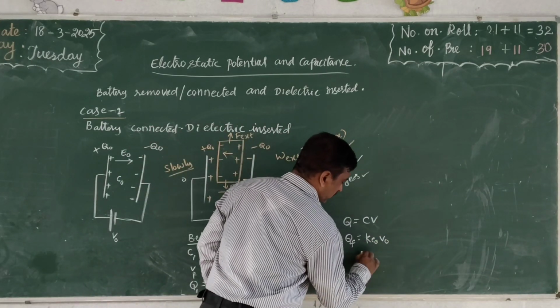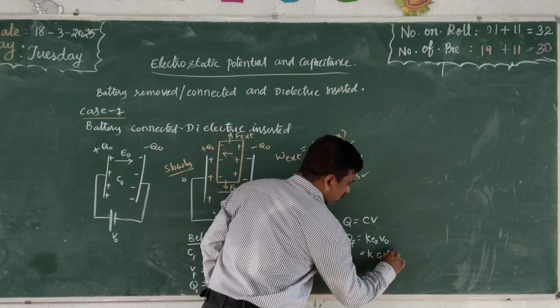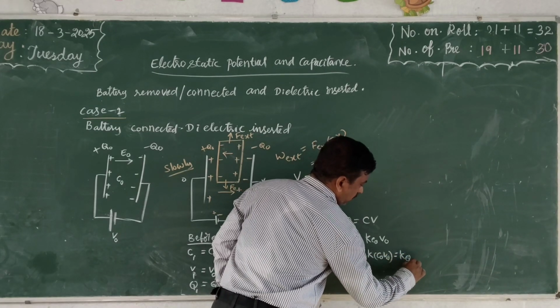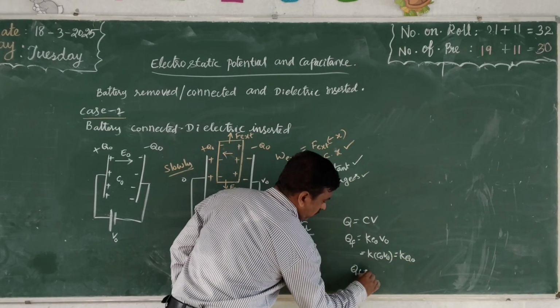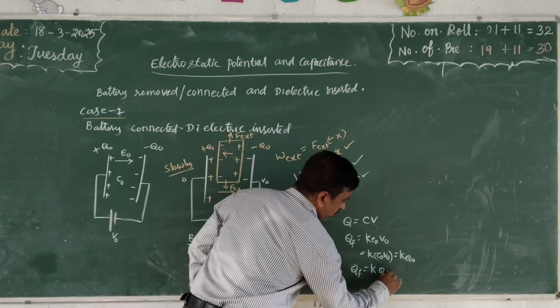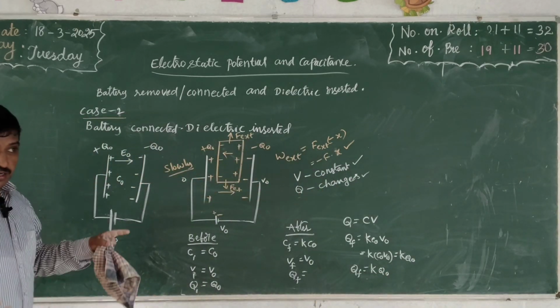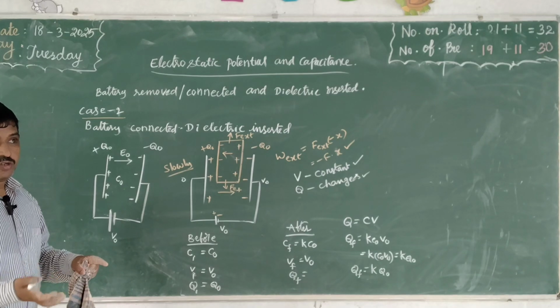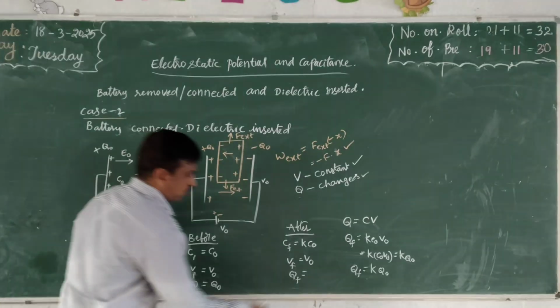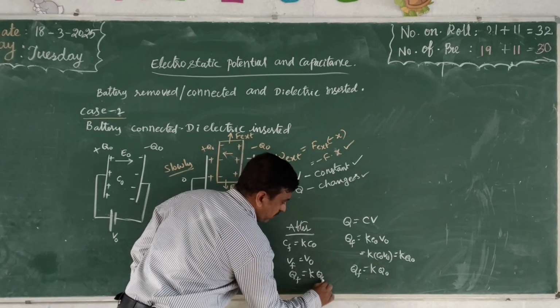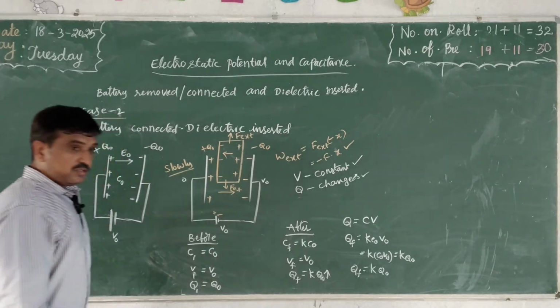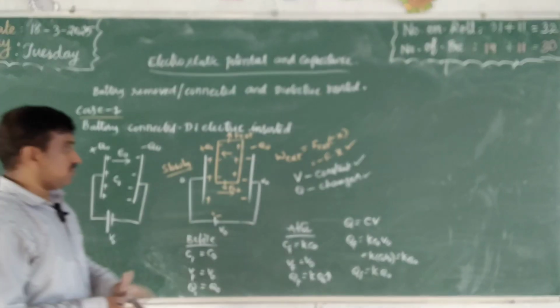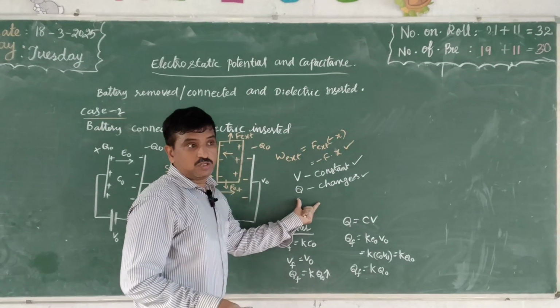We can write K into C naught V naught, and C naught V naught is Q naught only. So the final charge is K Q naught. When the battery is connected and the dielectric inserted, the charge increases K times. Potential is constant, charge increases K times.